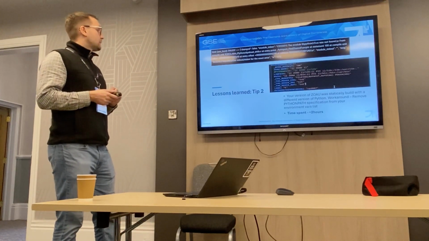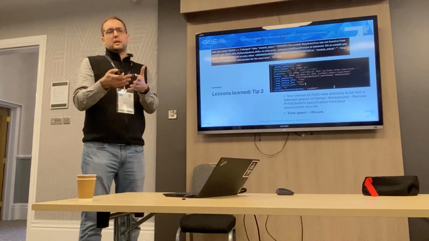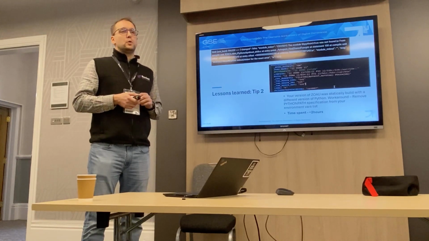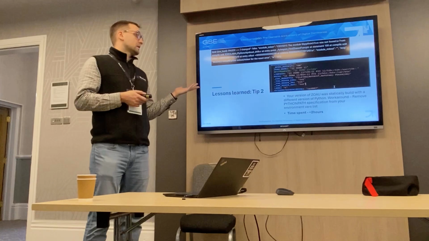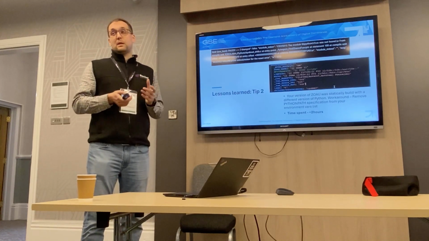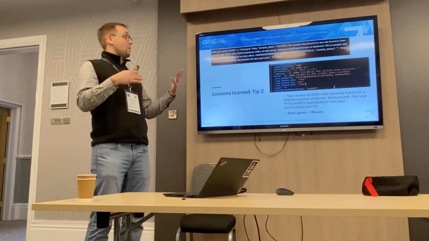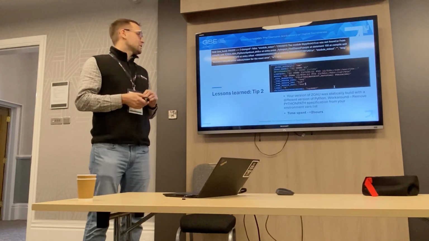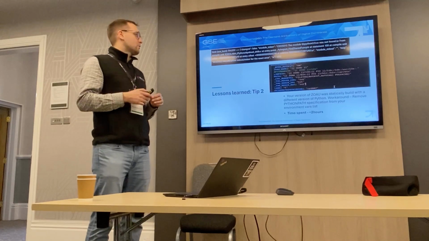Lesson learned, tip number two. As a user, how do you start doing Ansible automation? You probably go to Google, find how to do Ansible on the mainframe, and find some IBM repositories on Git. You download the template and set it up accordingly, or clone the Git repository to your libraries, and you try to run it.